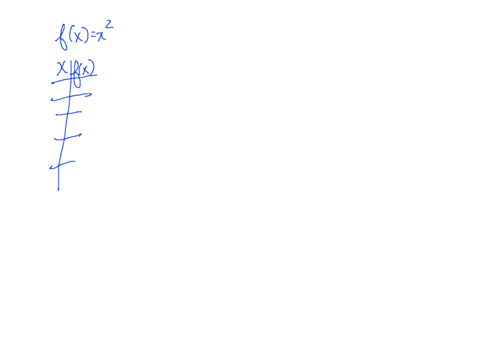Basically, you can start your f of x table wherever you want to. If I really, really wanted to plug in 796,841 and square it and see what I get out, I could. But not too practical to do something like that.